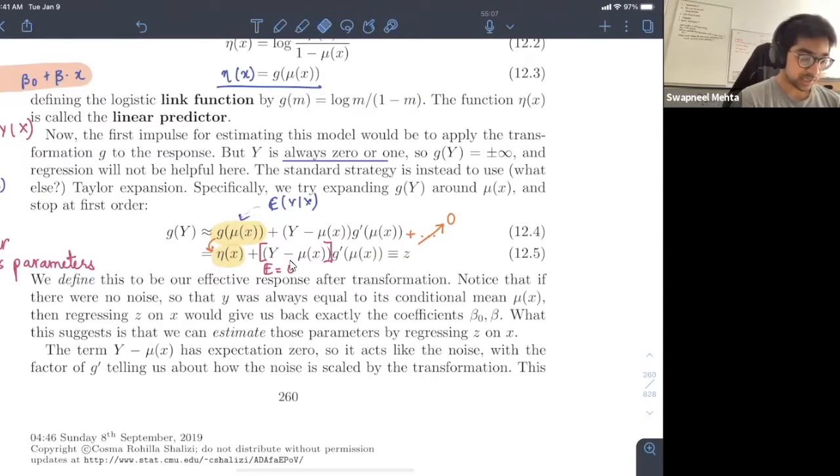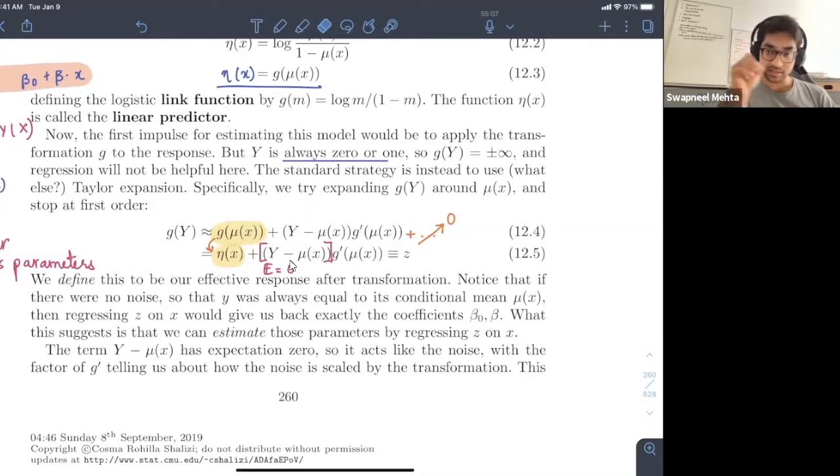Recall that Taylor expansion is a way of using derivatives to say a function has this sort of form in the close vicinity of this particular point. And we're discarding the rest of the terms, saying that their contribution will not be meaningful, which is why it is a first order Taylor expansion, and first order has to do with the first derivative.